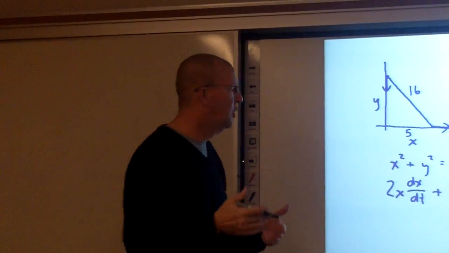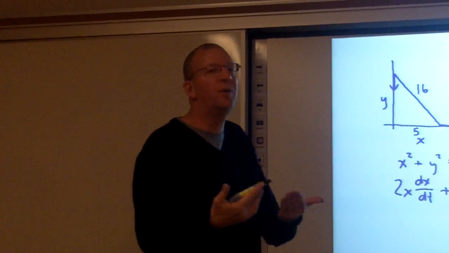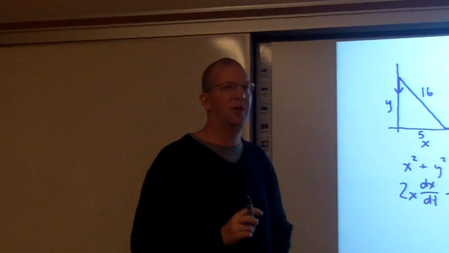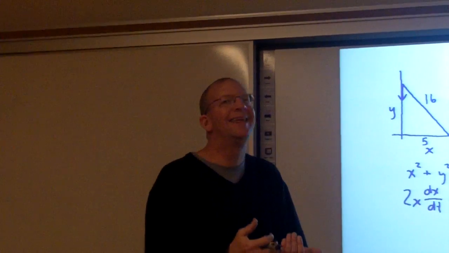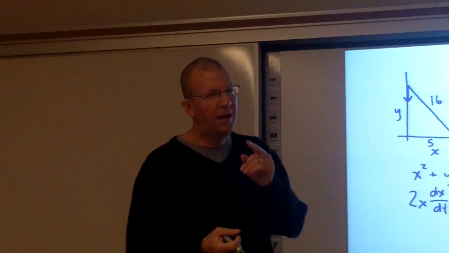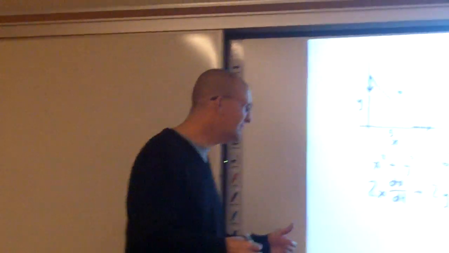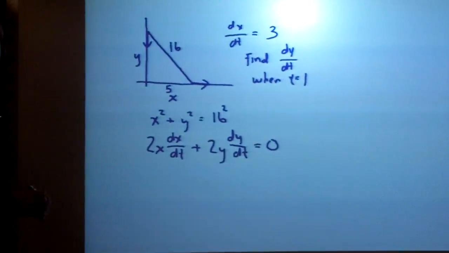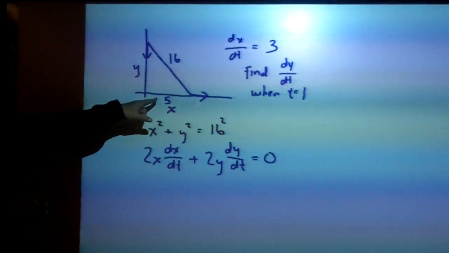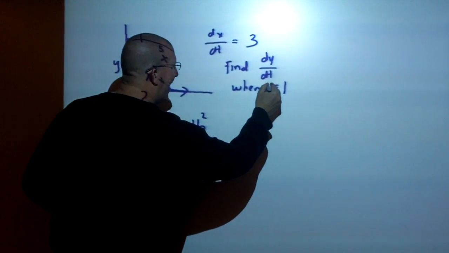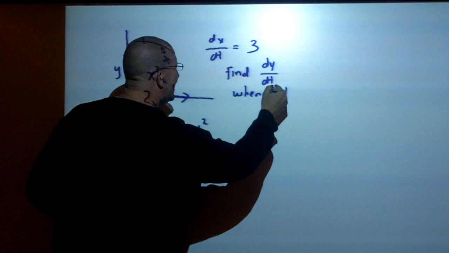Okay, we've differentiated, now we substitute. Perhaps the most important thing to remember with related rates is to differentiate, then substitute. But more on that in our next conversation. Let's go ahead and substitute in. Well, the ladder started at 5, and we want to find dy/dt when t equals 1.